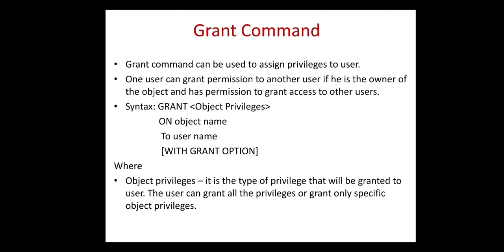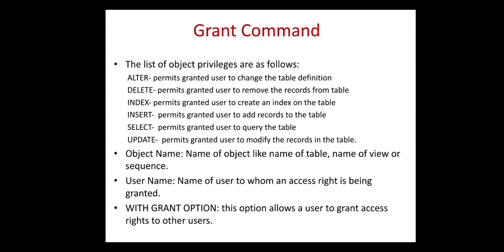The user can grant all the privileges or only specific object privileges. We can use the word all to give all privileges, or you can give the specific privileges which the user wants to give.